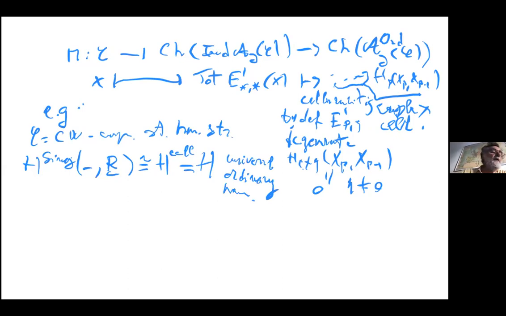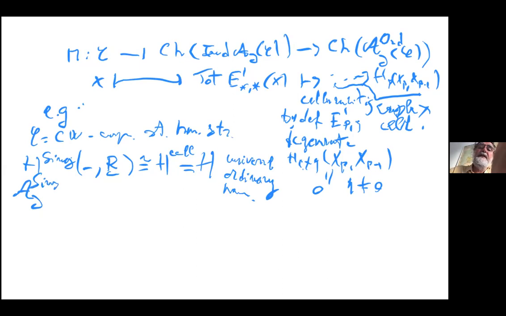Okay, so this is because every ordinary theory in this case is cellular. So singular homology is ordinary in this case, and it is cellular. So it is isomorphic to the universal ordinary homology, because the universal ordinary homology is also cellular. Everything is cellular, and therefore there is no choice.